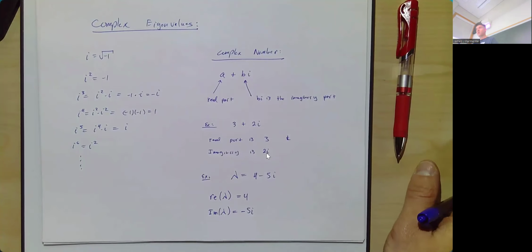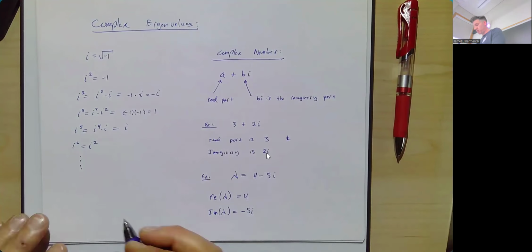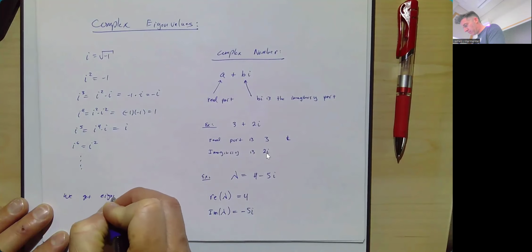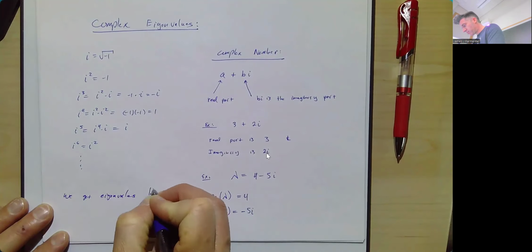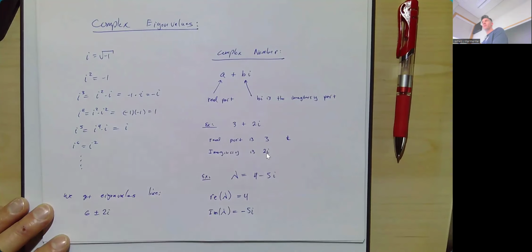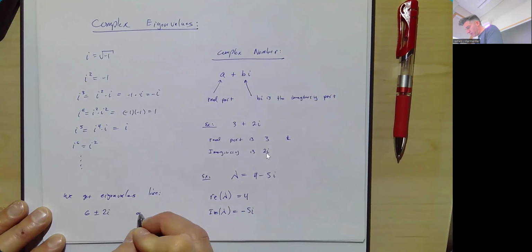Okay. Good news. When we talk about eigenvalues and they're complex, they always come in conjugate pairs. Meaning we get eigenvalues like 6 plus or minus 2i, or negative 4 plus or minus i.